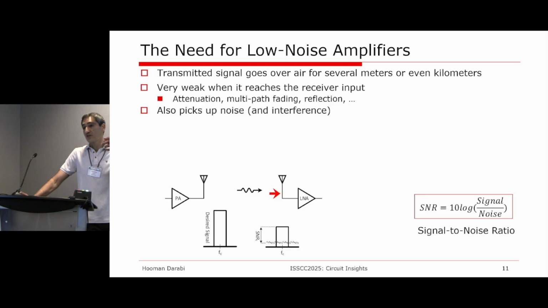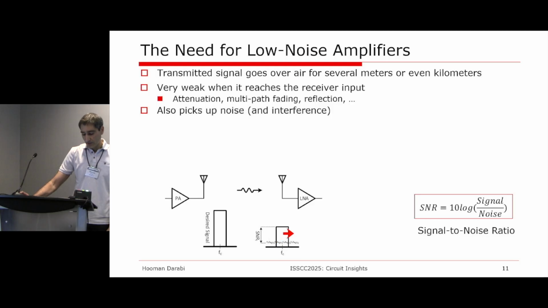It's not just the physical distance. Your signal could be blocked by some obstacle, there could be reflection, and there are various other reasons that by the time the signal hits the receiver antenna, it's pretty weak. It's also going to be accompanied by noise, which I'm going to talk about in a bit more detail, though you have heard of it in the previous talks as well.